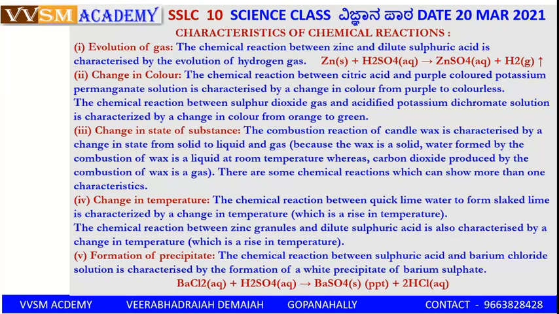As I told you, chemistry is a colorful subject. You can see different kinds of solutions, different kinds of colors, and different kinds of ions which are present in the chemical reactions.